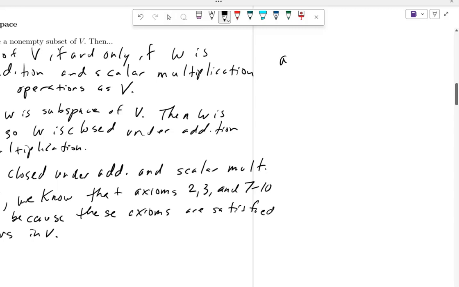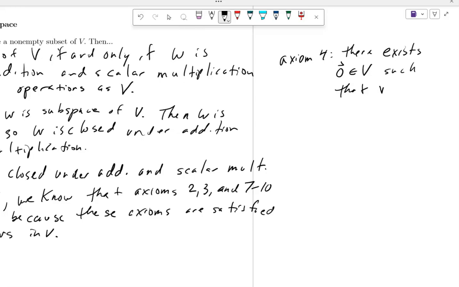But remember that axiom 4 says there exists a zero vector in V such that v plus 0 equals v equals 0 plus v, right? That's what axiom 4 says, doesn't it? The important part is that it says there exists 0 in V, right? We need to change this to, we need a zero vector in W, right?